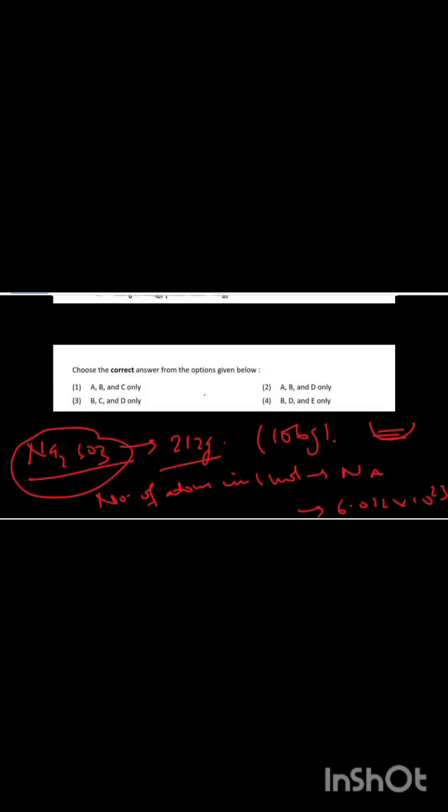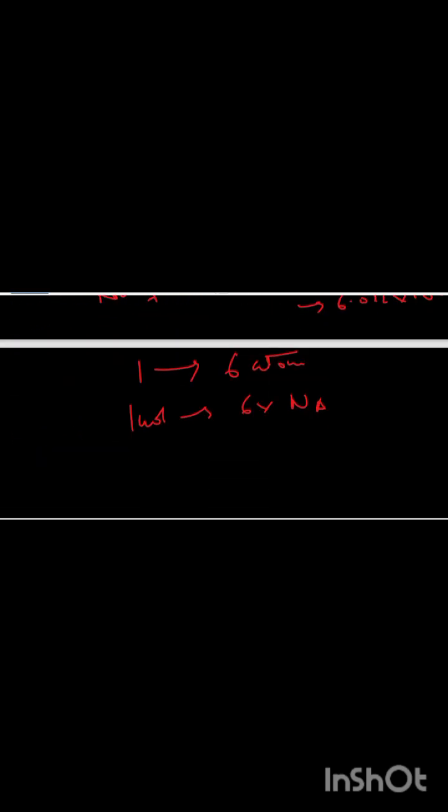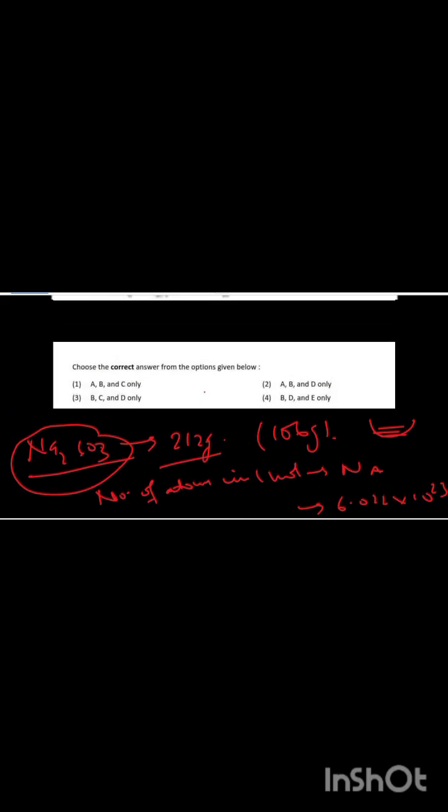Now how much mole is present here? 1 mole is 106 gram. 106 gram of compound will have 6 into Avogadro number atoms, that is 6 into Avogadro number by 106 for 1 gram. Now the given mass is 212 gram.